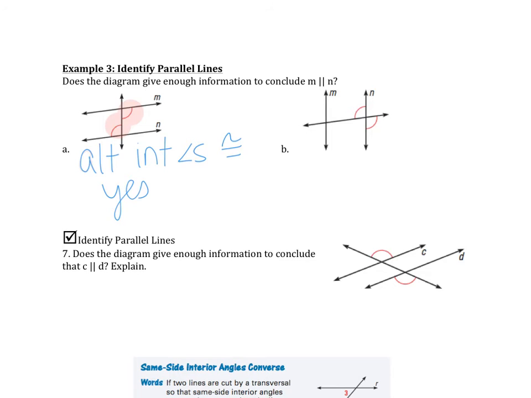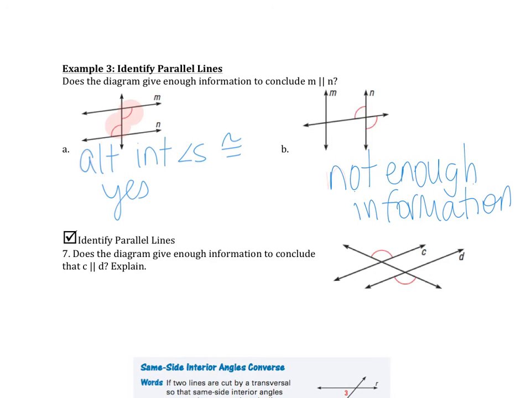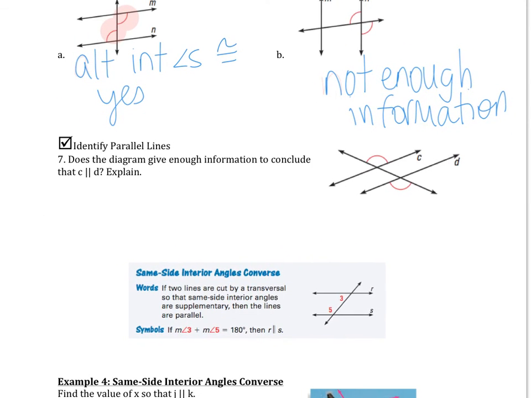There's not enough information. So you determine, does the diagram give enough information to conclude the lines are parallel?